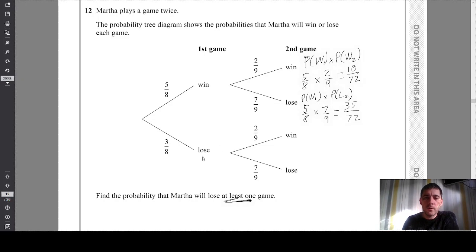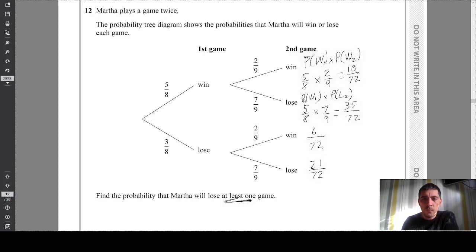Okay, so now we fill in the rest. So I'm not going to write these, just use mental arithmetic. So 3 times 2 is 6, 8 times 9 again out of 72, and to lose both games we do 3 times 7 to get 21 over 72.